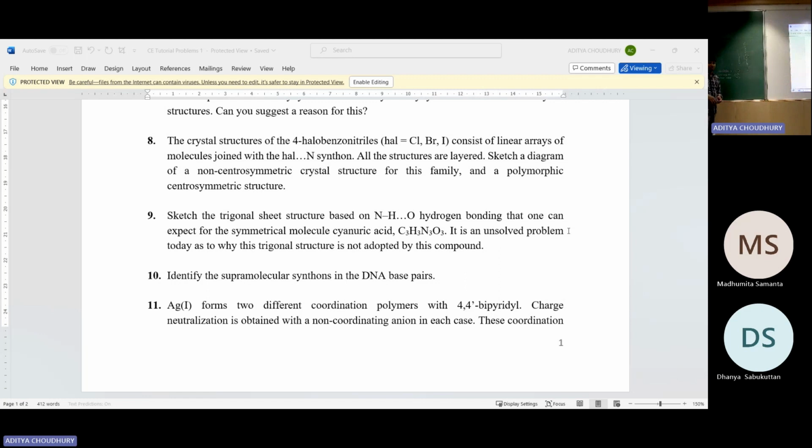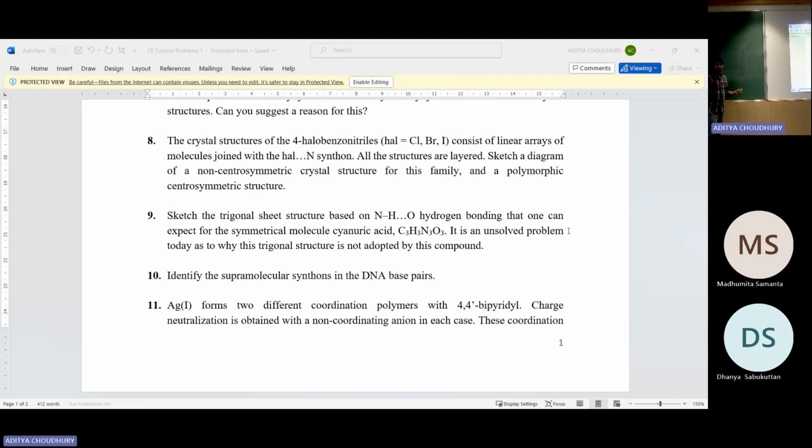First of all, cyanuric acid. How many of you remember the structure? C3H3N3O3, like benzene. Carbon, nitrogen alternating, and OH. Exactly. You know very good organic chemistry, right?